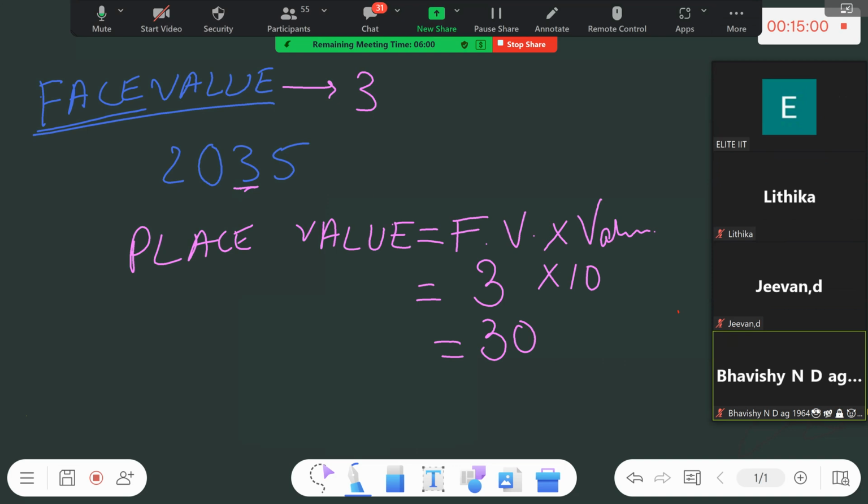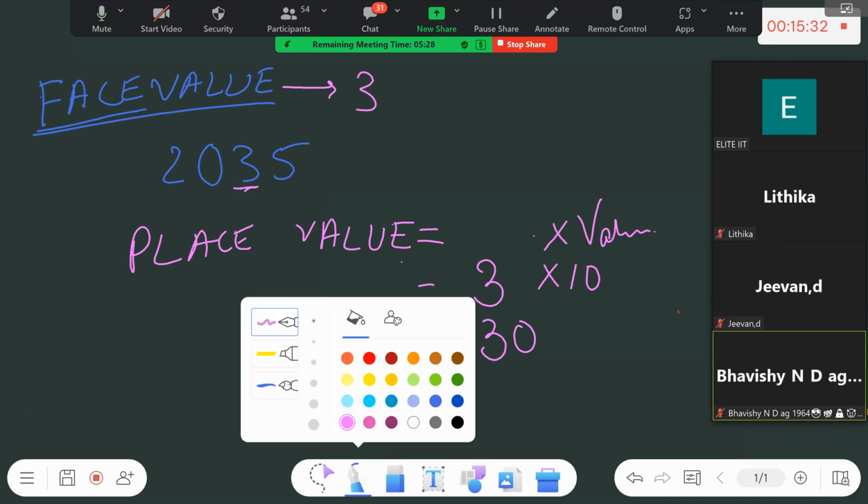Place value is equal to face value into value of the place occupied. I wrote here 'place value' as a shortcut, just for saving time.